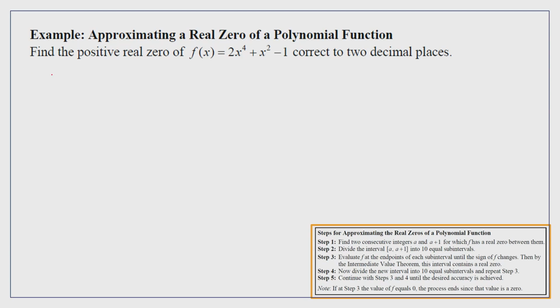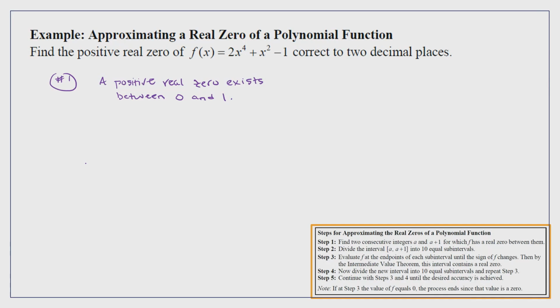So for step number 1, we are going to find two consecutive integers, a and a plus 1, for which f has a real 0 between them. And we know a positive real 0 exists between 0 and 1.